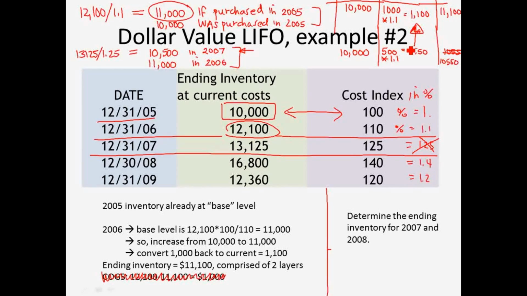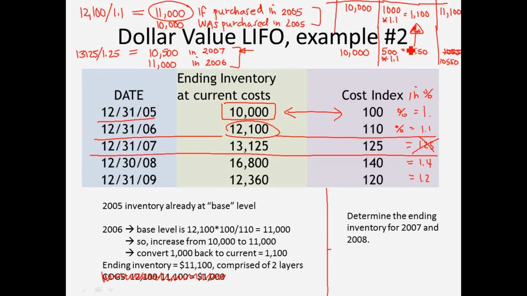I don't have anything left from what I bought in 2007 because I've used it all up. Okay? So I don't just apply this year's prices. I only apply this year's prices to new stuff that I had to actually buy this year. If I didn't buy anything more this year, or at least none of it's in my inventory, I don't use that price index.